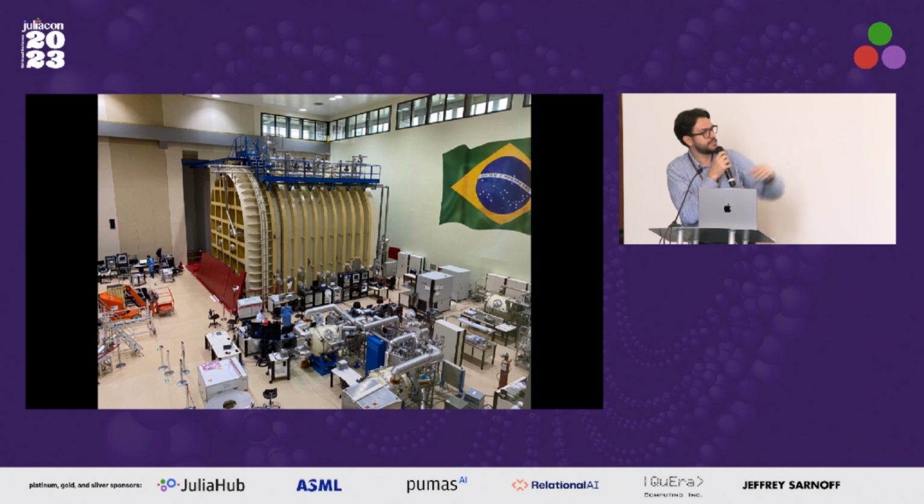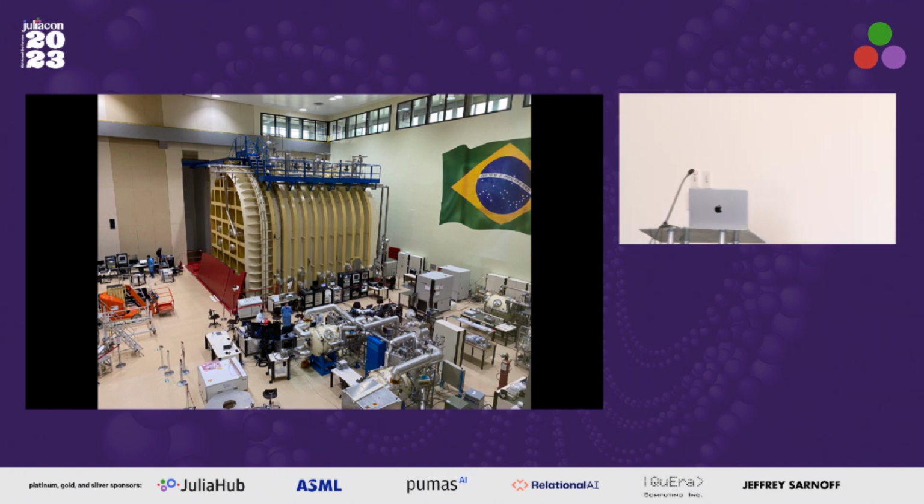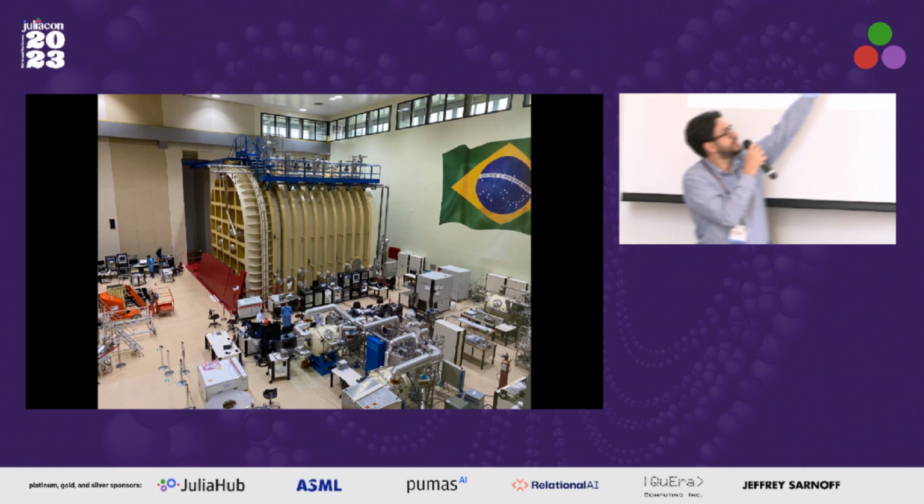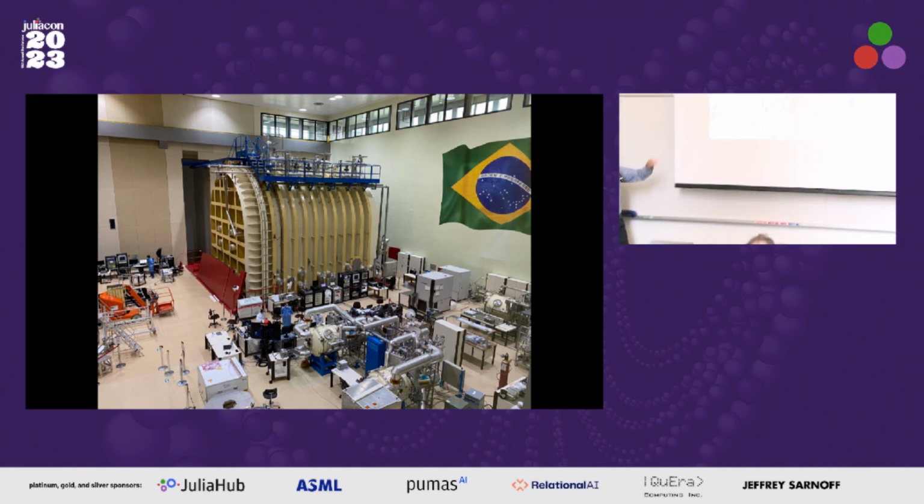For example, this is a laboratory in Brazil. Inside that chamber, we have Amazonia 1. In one of the final tests, we are doing some kind of thermal cycling in vacuum. If you look here, you can see many computers.